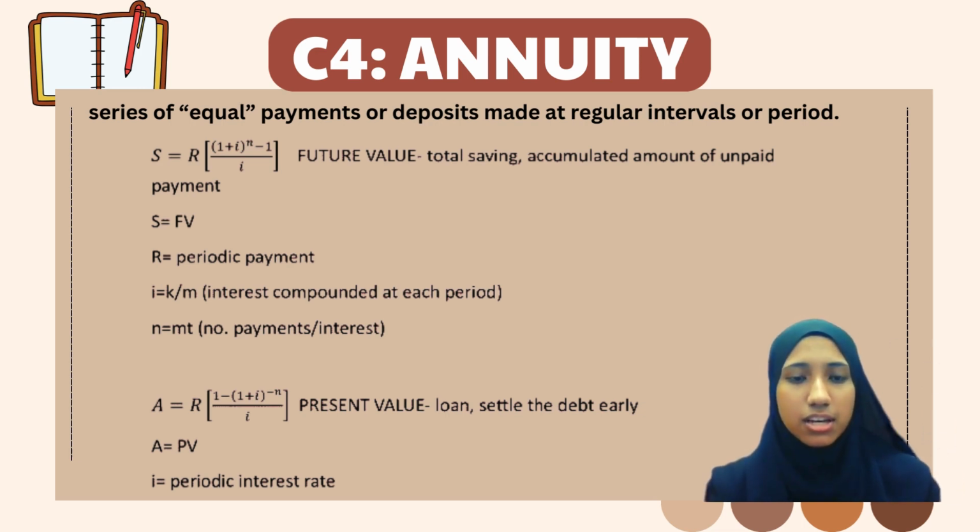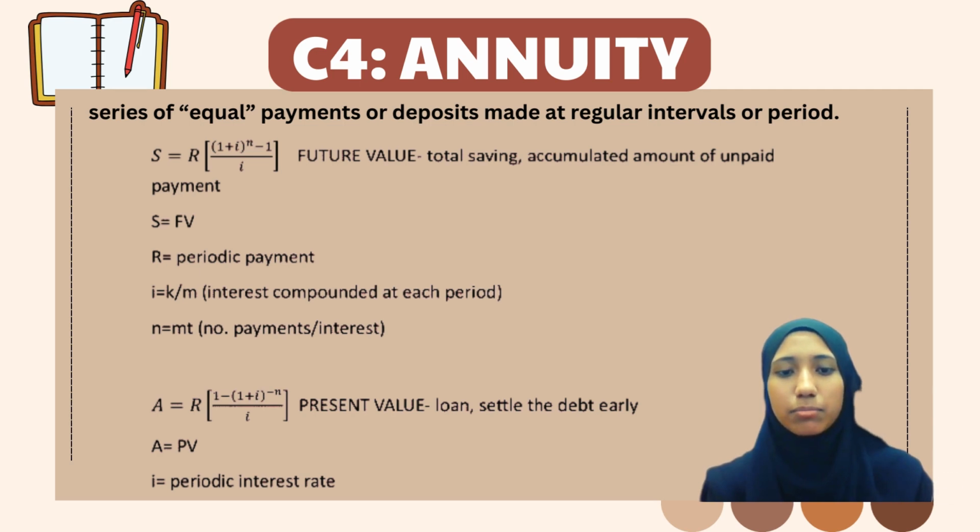In this formula, S stands for future value, R is the periodic payment, i equals k over m, which stands for interest compounded at each period, and the last, n equals m times t, which stands for the number of payments or interest. The second formula, for present value, is A equals R[(1 - (1 + i)^-n)/i].